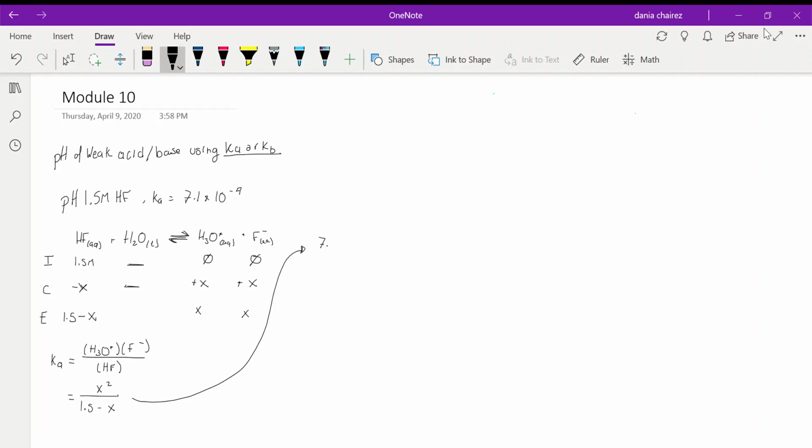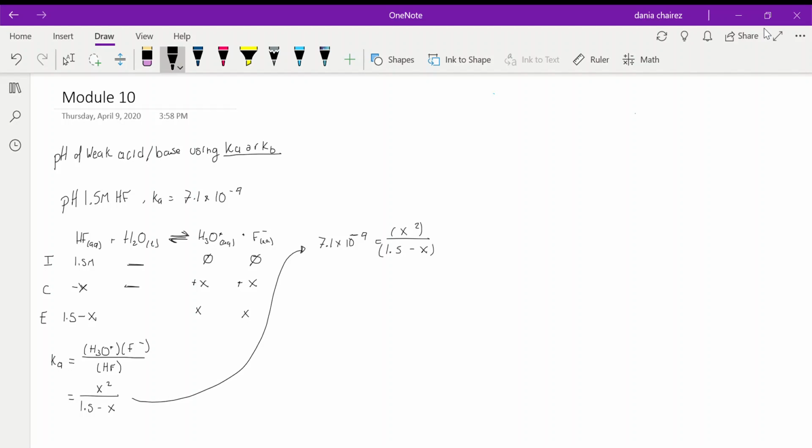So then it's 7.1 times 10 to the negative 4 equals X squared over 1.5 minus X.